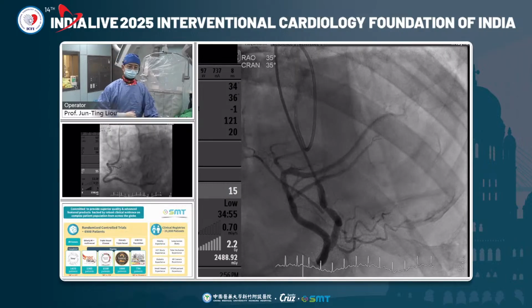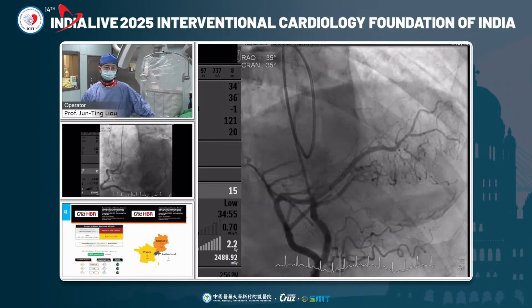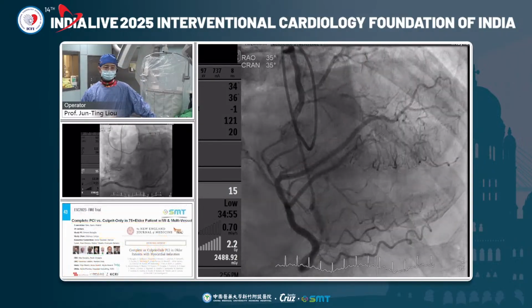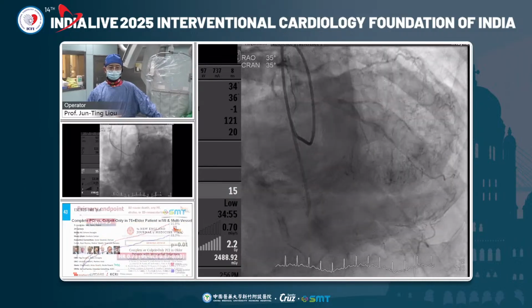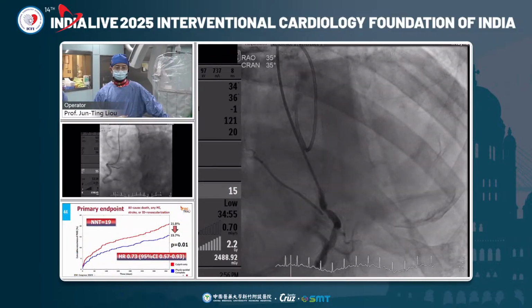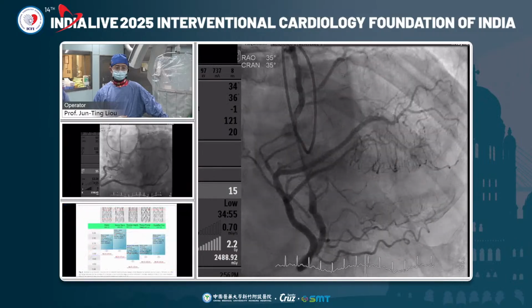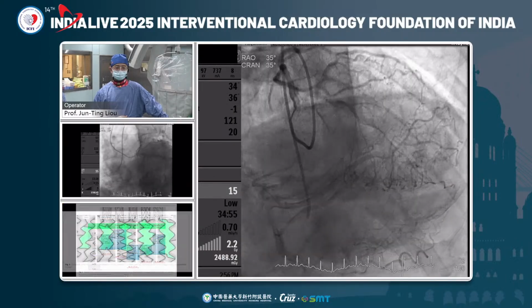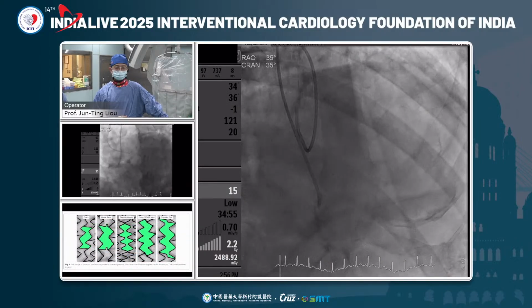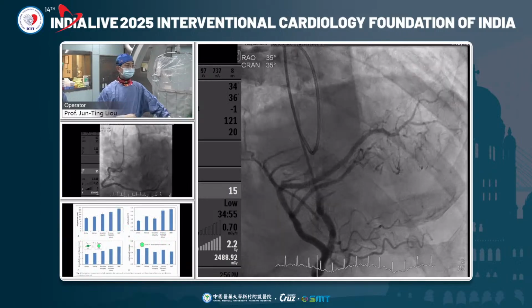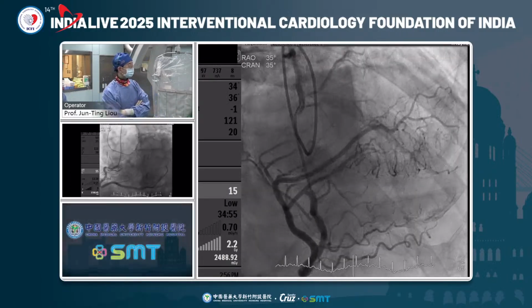Is there any suggestion from the panelists or moderator? Is there any comment for this case? Yeah, so first of all, the lesion length appears to be between 10 and 20 millimeters. Is that right from what we see here?